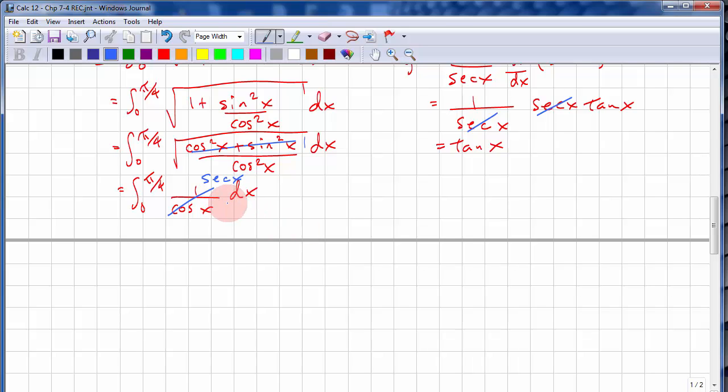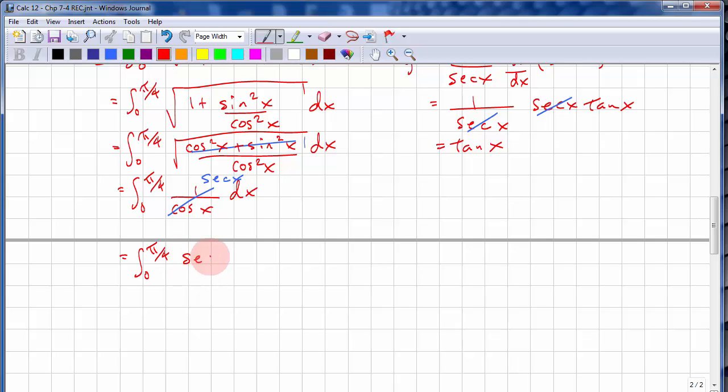This is a particularly difficult integral because there's no obvious way to substitute this. Because if we let u be cos, the derivative of sine, there's no sine to substitute here. The only way to integrate this is using tricks.